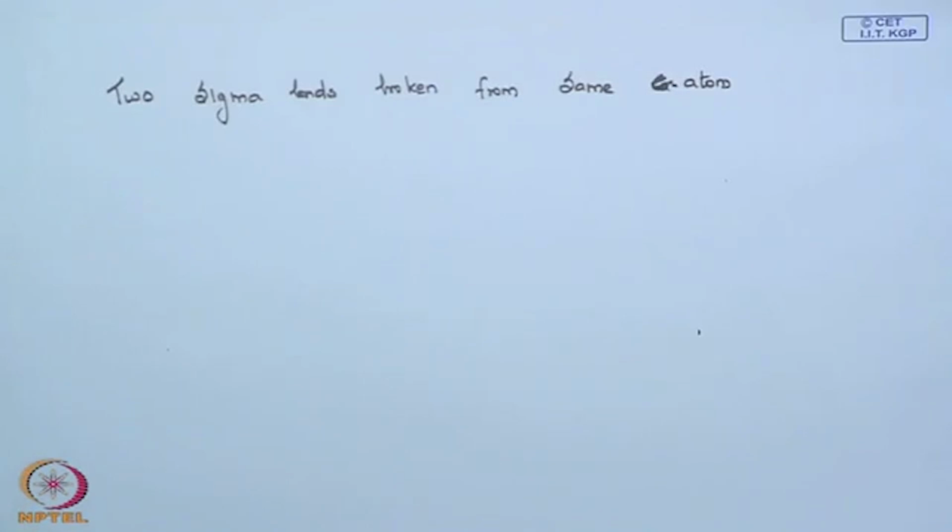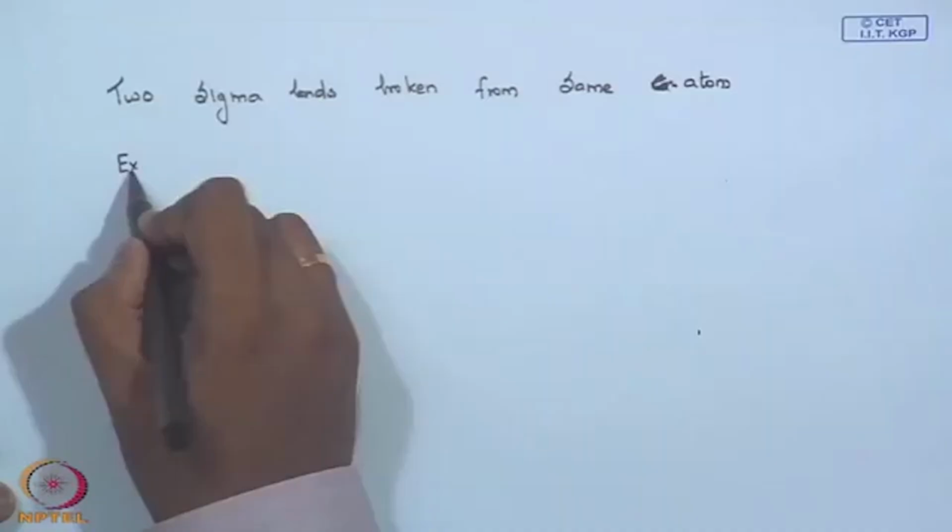It can be either 2 sigma bonds formed on the same atom or 2 sigma bonds broken from the same atom. So, we will see some examples for this.